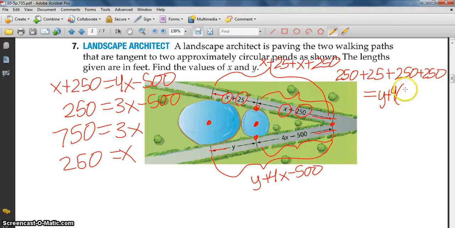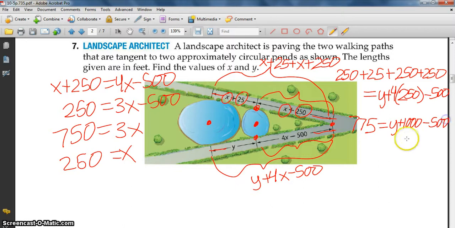Once again, x is equal to 250, so we can substitute that in here. So let's simplify. On the left side, we would have 250 and 250, that's 500, and 250, 750, 775 is equal to y. 4 times 250 would be 1,000.